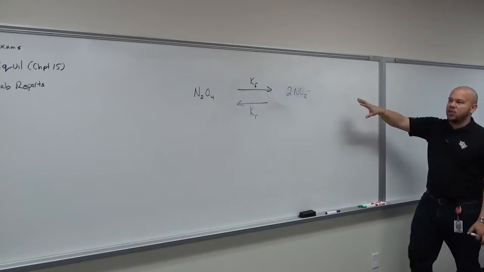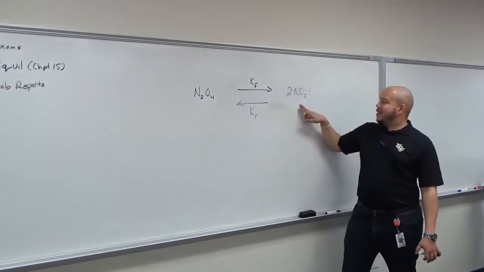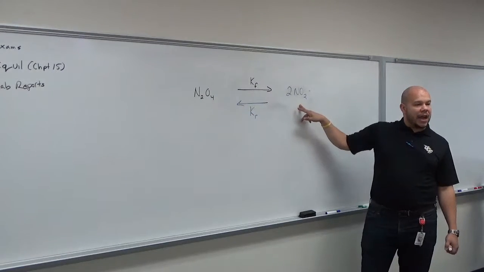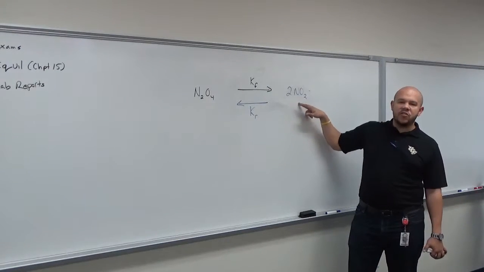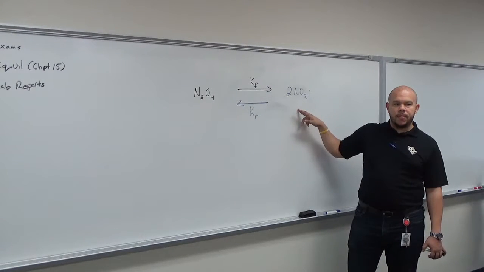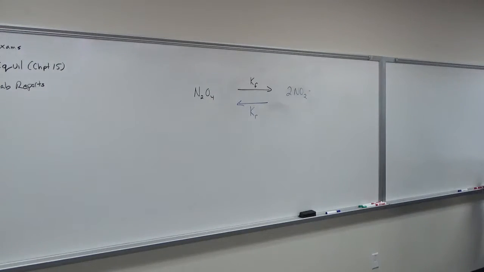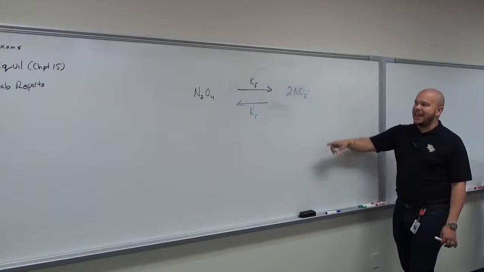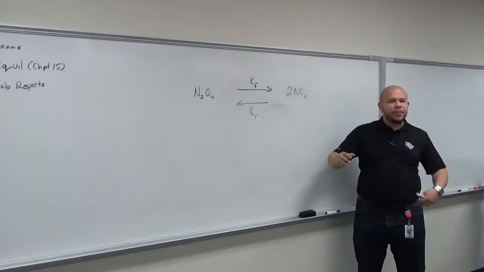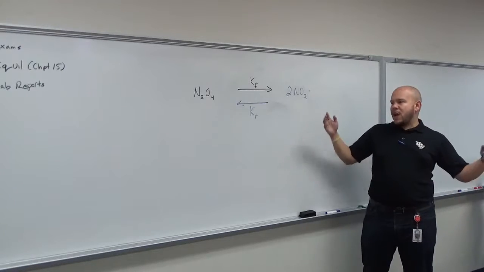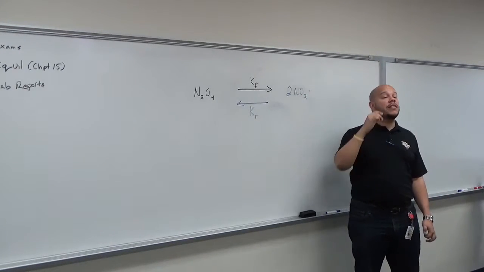This particular situation says that there is a decomposition reaction occurring of dinitrogen tetroxide into nitrogen dioxide. And that is the forward reaction. Up until this point in our chemical kinetics, we have said that this reaction has a particular order, and that particular order has a rate law that has a particular K. That particular K we know is a function of what?